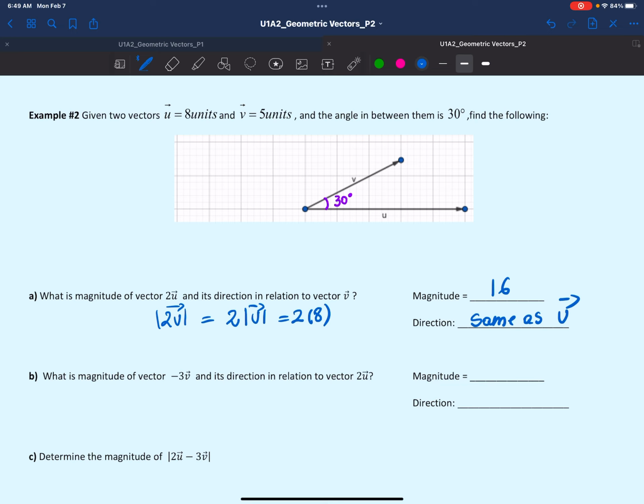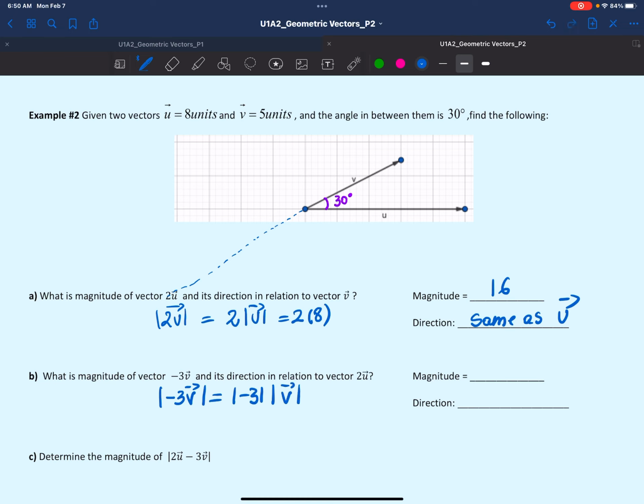Now, what is the magnitude of vector negative 3v? So negative 3v must be 3 times longer than vector v and going in the opposite direction. So negative 3v magnitude equals negative 3 times magnitude of v.